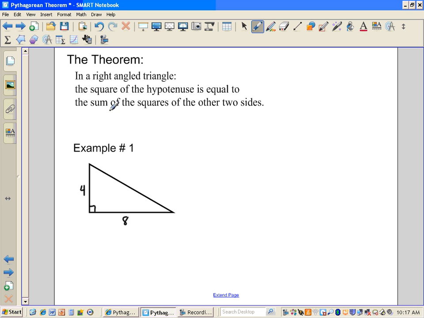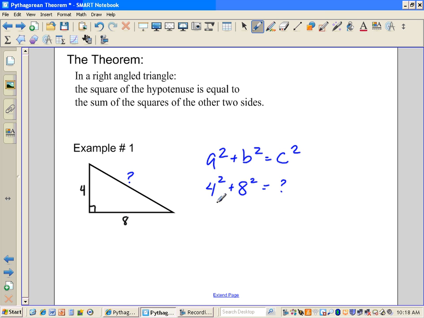So if we use the theorem, a squared plus b squared equals c squared, and apply it to this situation, we want to know what the hypotenuse is. We take the length of the legs, 4, and square that. We take the length 8 and square that, and we see, is that equal to c squared?